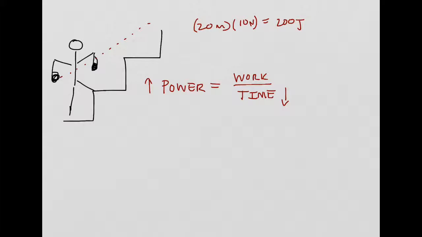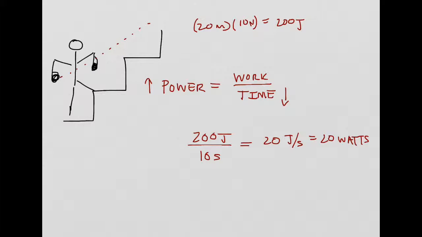For our grocery example, if we take these 200 joules of work and do it in 10 seconds, then our power would be 20 joules per second. A joule per second is also equal to a watt, so we can say 20 watts of power.